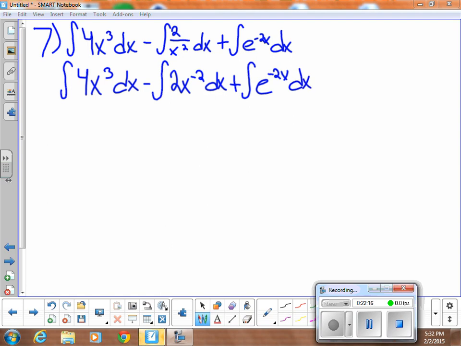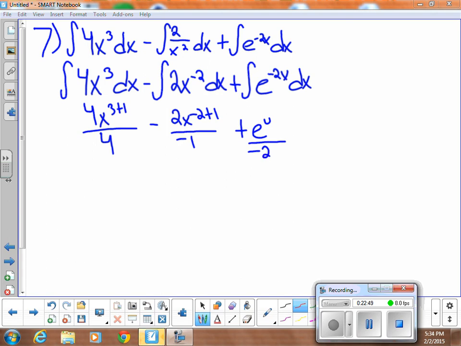For the first 2 terms, we're going to follow our basic power rule. We add 1, so our new exponent is 4, so we divide by 4. Same thing on the next one, negative 2 plus 1 gives me a new exponent of negative 1, so I divide by negative 1. And then plus e to the u over negative 2 plus c.